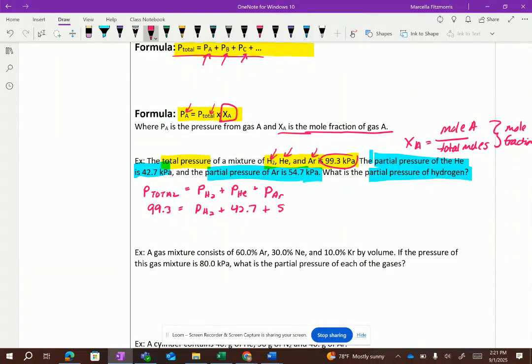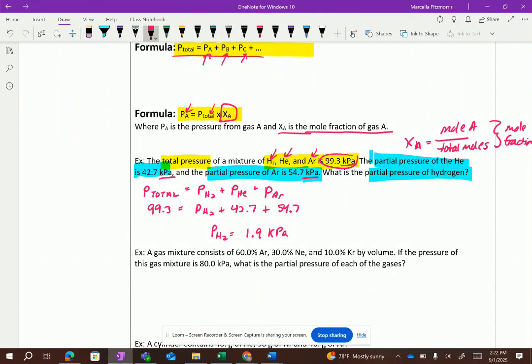Well, let me show you. Okay, so this number only had one decimal spot. This one only had 1 decimal spot, and this one only had 1 decimal spot. They were each rounded to the nearest 10th. So the least decimal spot is the 10th spot. So my answer here needed to be rounded to the 10th spot because I was adding and subtracting these numbers.